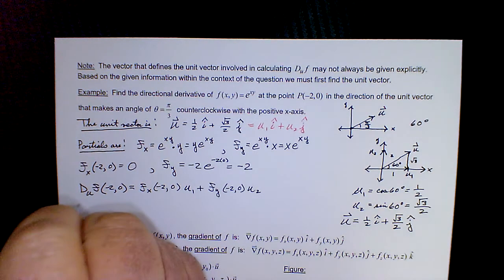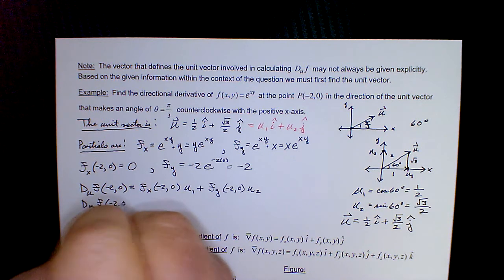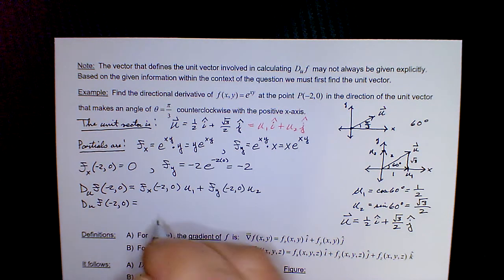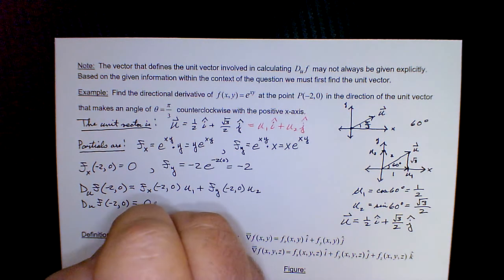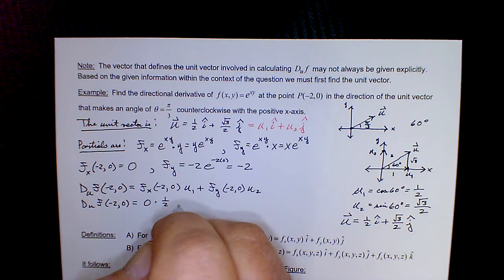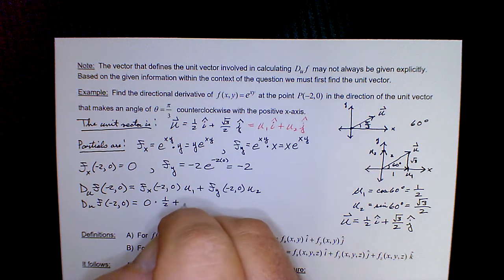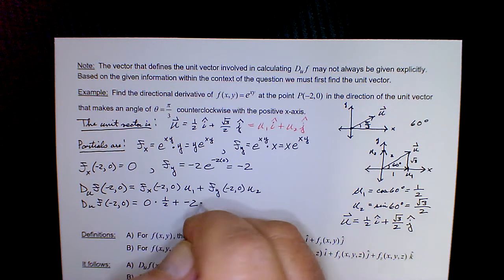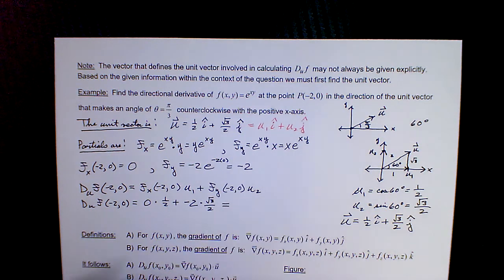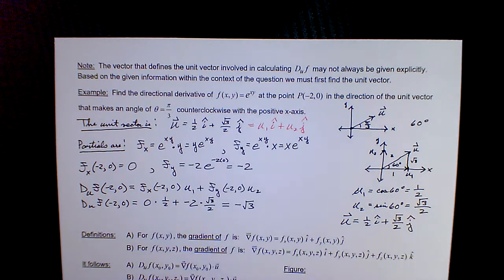So now we just substitute. So we get 0 times u1, just to be formal here, 1/2, and then plus negative 2 times u2 with radical 3 over 2. So it looks like that just crunches down to be negative radical 3.